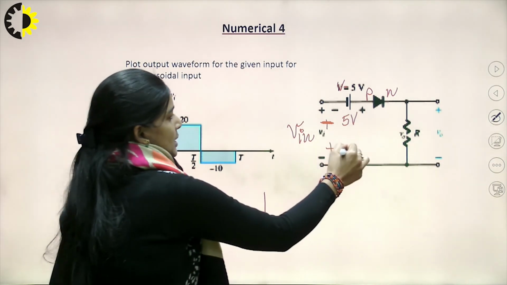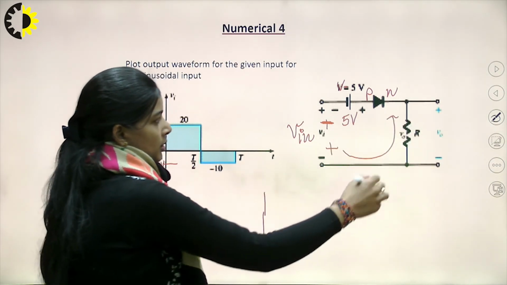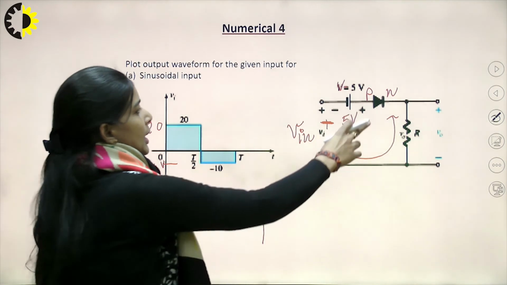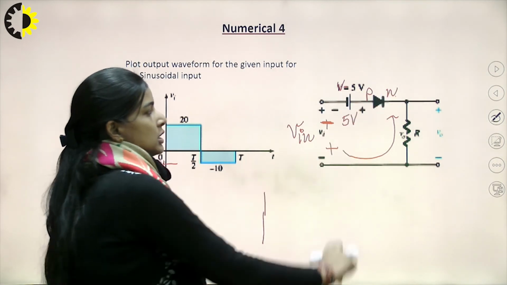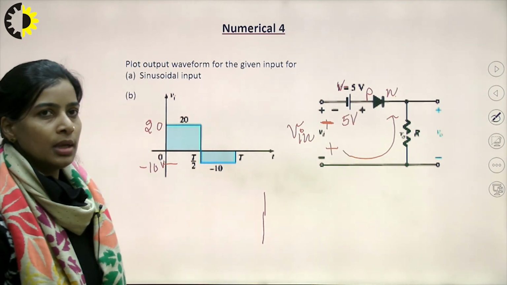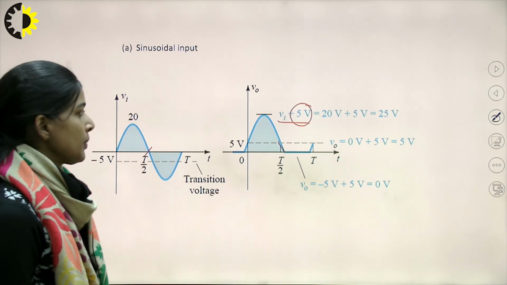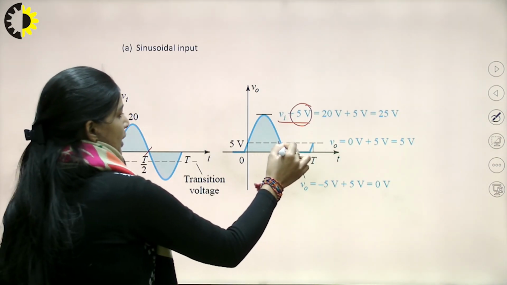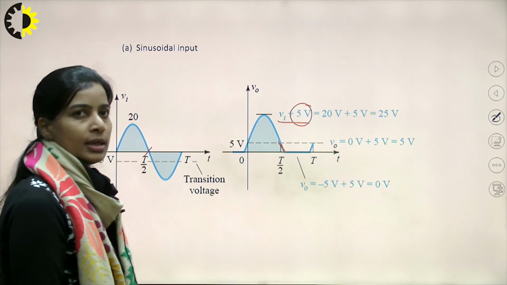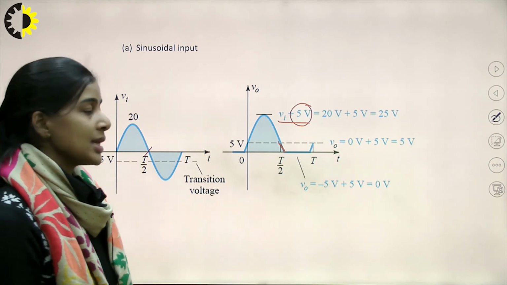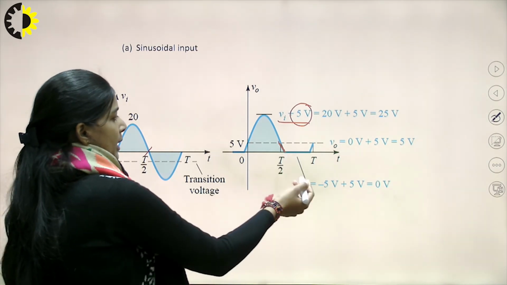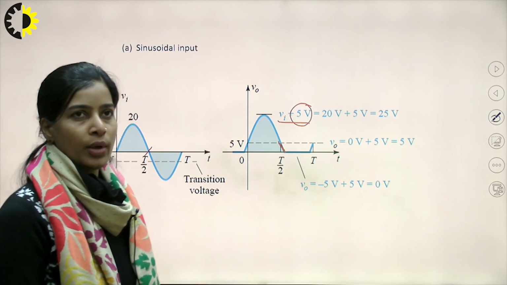So, this side is connected to positive. When the N side is less positive than the P side, then the diode will be forward biased. So, up to this point we will get the output. After that the diode becomes open circuited and we do not get any output beyond that point.